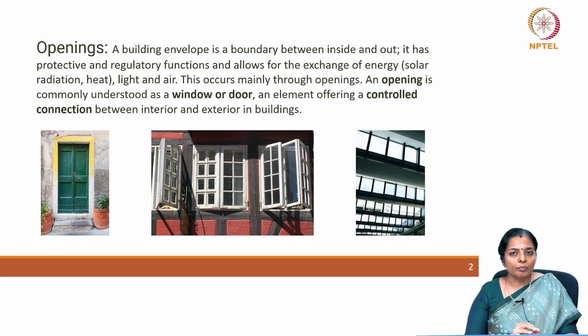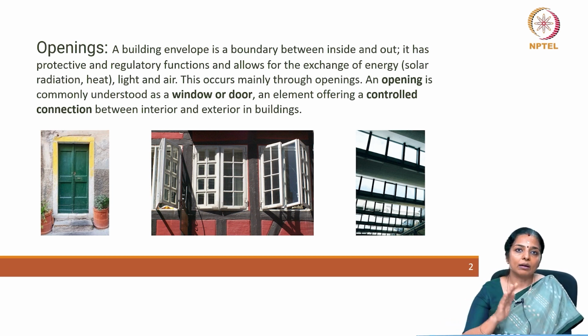This occurs mainly through the openings, and normally we understand opening as a window or a door and sometimes as a ventilator, and it is an element offering a controlled connection between inside and outside. We have the ability to operate a window, and therefore there is a controlled connection. We can close the window when we do not want it. We can open the window when we want the outside weather elements to come in.